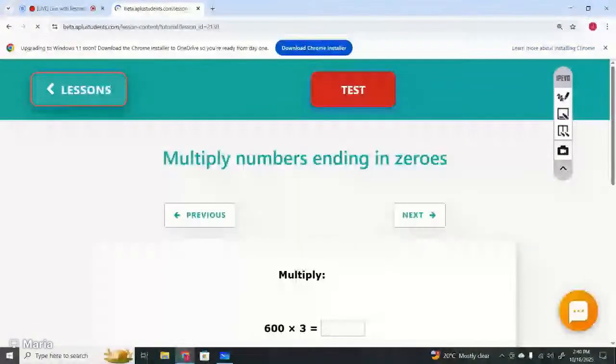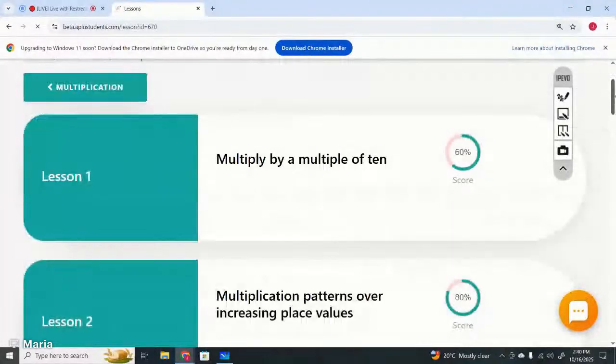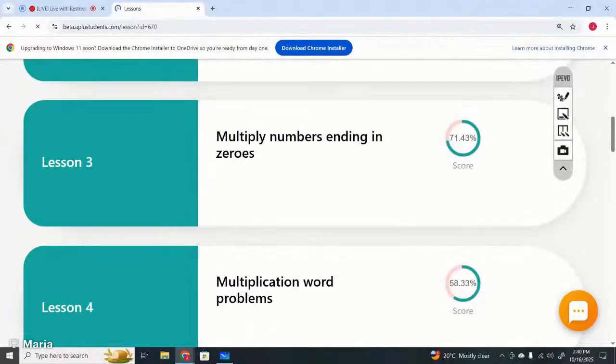The lessons we have covered today are multiply by a number multiple of 10 and multiplication patterns. So please make sure you have your notebook and pencil so that you can note down the important examples and definitions. Please make sure you complete all the practice questions for the lessons we just did. That is your homework until next session.